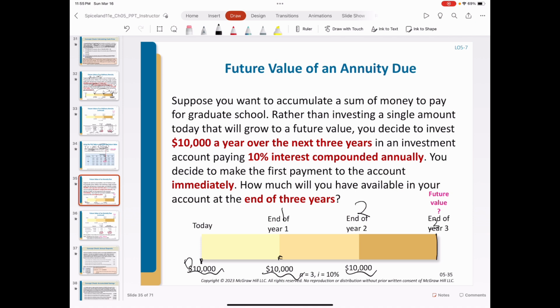Following the same methods, we can calculate the future value of each cash flow. This cash flow starts from 0, accumulates 3 periods, this accumulates 2 periods, and this one accumulates 1 period. We calculate the future value of each cash flow, and the sum of them is the future value of this annuity, specifically this annuity due.